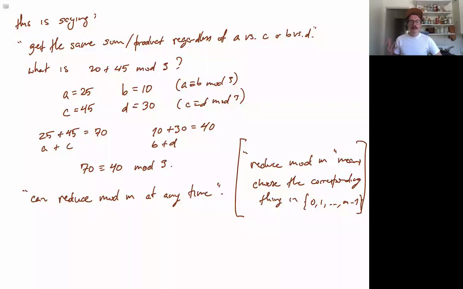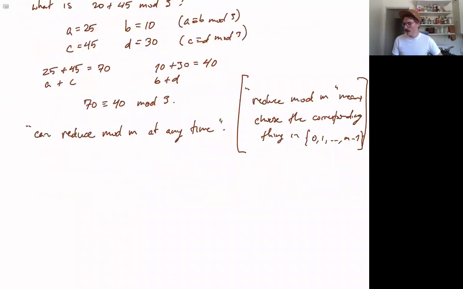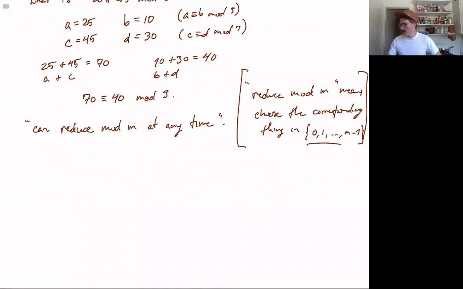And this is making it really, really easy to do modular arithmetic, because you don't have to do any more complicated arithmetic than you get from just these numbers. So for example, let me write down this example just so that I don't have to redo it.